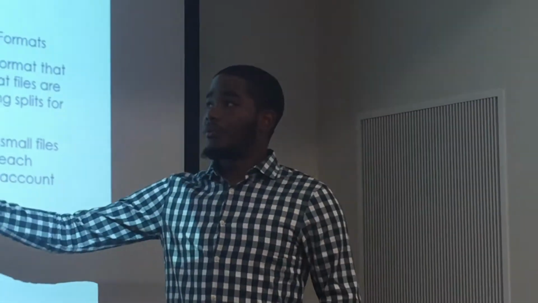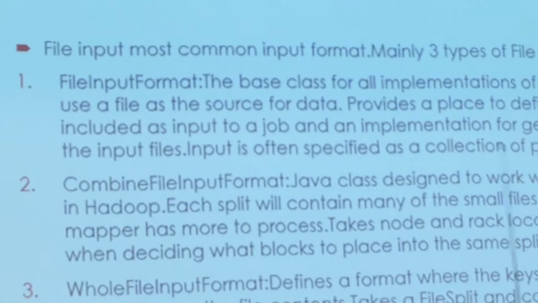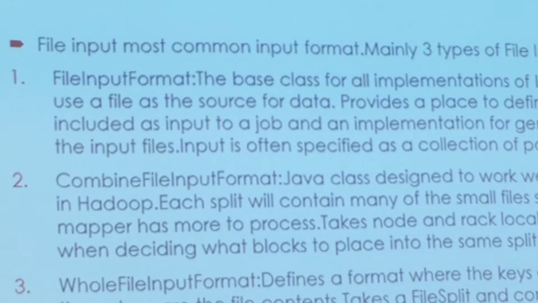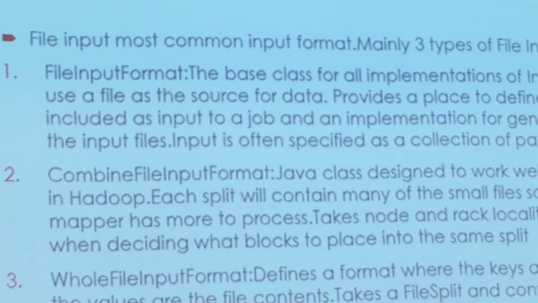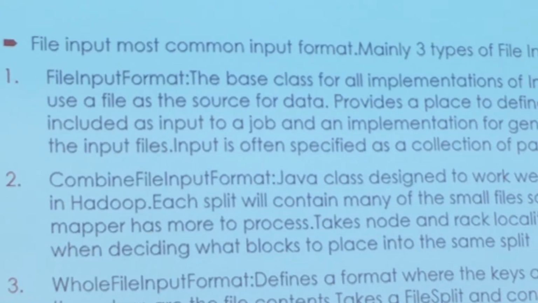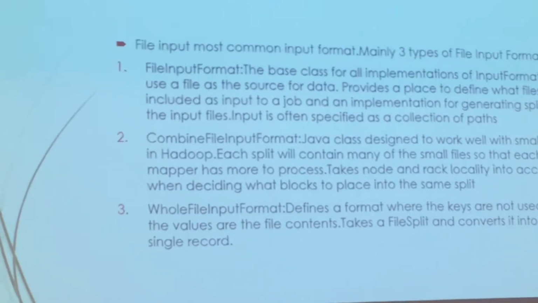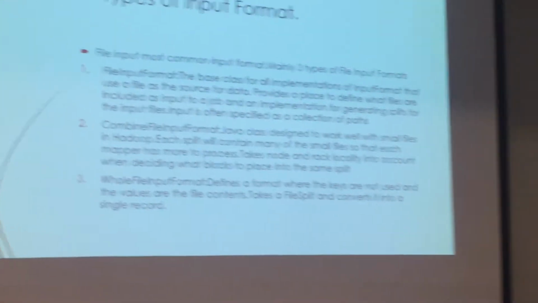Just going back to the file input format. This is your file input format letting your computer find each different record, and you do your MapReduce process on each record. Say you have 3 records and 2 nodes, and your first node contains record 1 and half of record 2, and your second node contains half of record 2 and all of record 3.